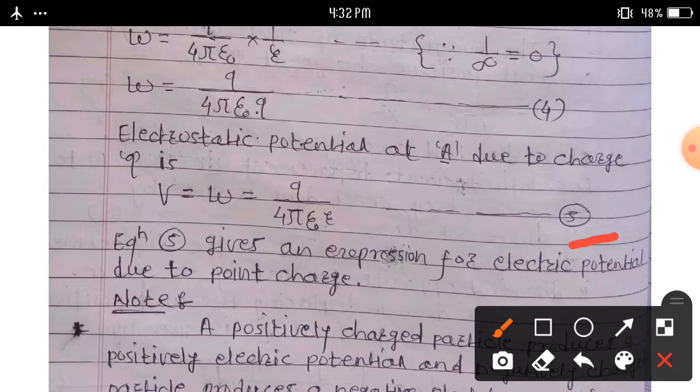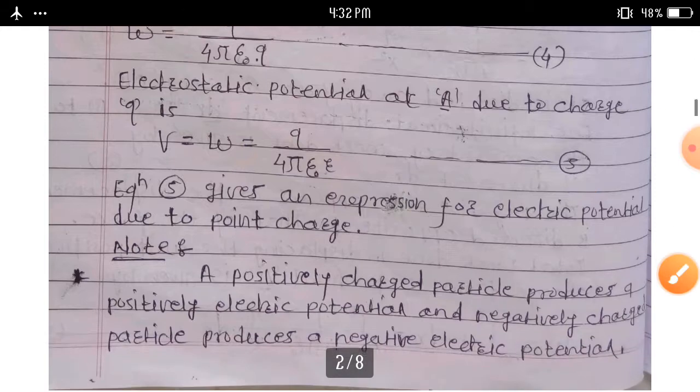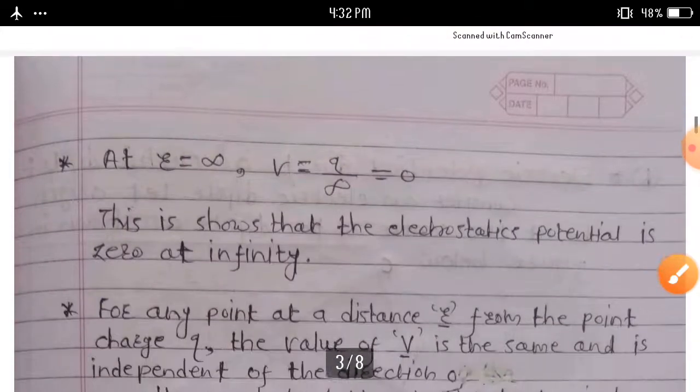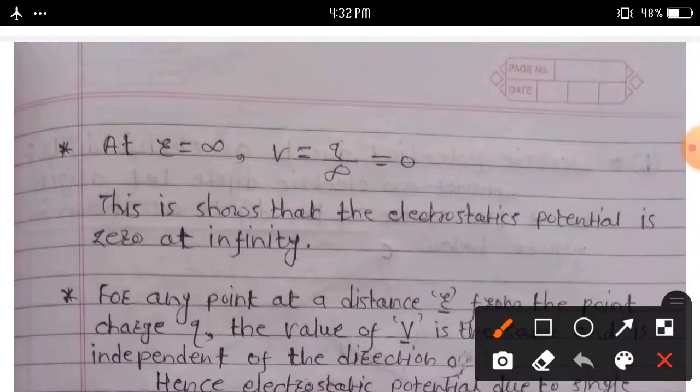Note here: a positively charged particle produces a positive electric potential, and a negatively charged particle produces a negative electric potential. At infinity, when r is equal to infinity, we can write V is equal to q upon infinity.